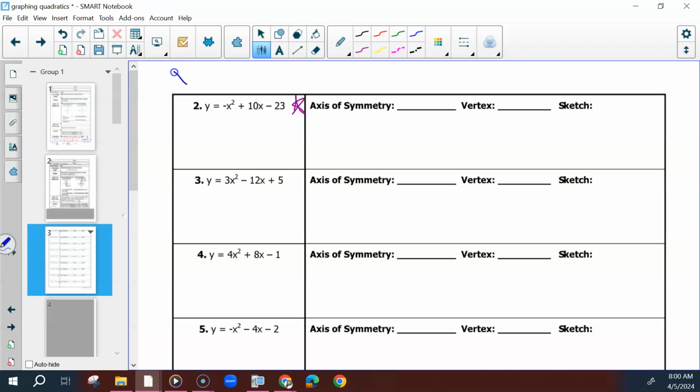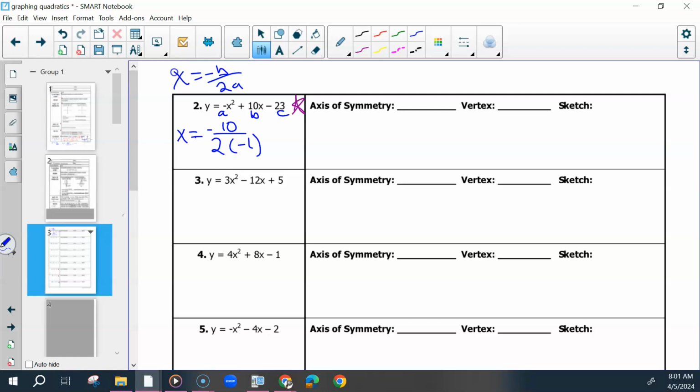If you need to rewrite that formula, x equals negative b over 2a. And let's do that for our axis of symmetry. Go ahead and put in, if you want to label all your coefficients and constants, you can do that. And x equals negative 10 over 2 times, what's our a value? Negative 1.